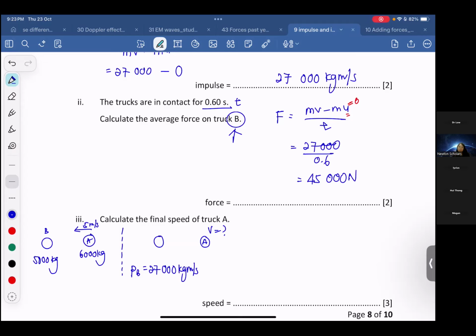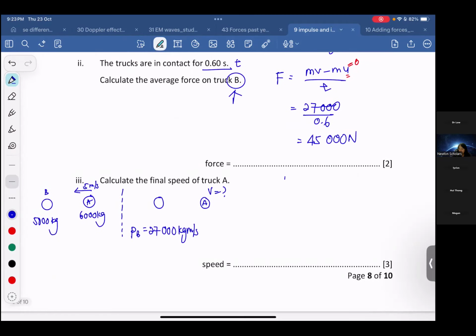Okay, can you try to do the calculation? What is your final speed? Using what we learned last week, momentum before equals momentum after. So M1 U1 plus M2 U2, or I say MA UA plus MB UB, equals MA VA plus MB VB.